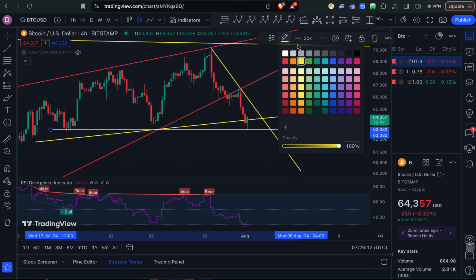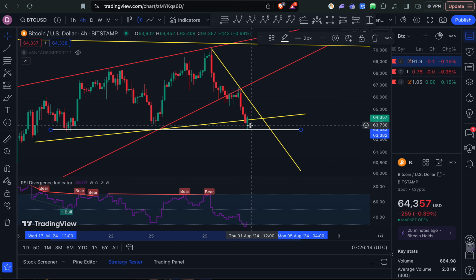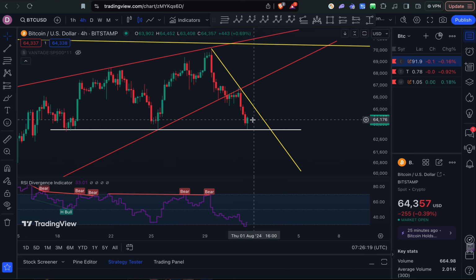So from here, let me paint this white. So now that we had that, we can basically take this one out. That was our target. Next, I'm expecting the price to hit here. And then there will be a decision time for Bitcoin, basically. Do we want to go up or do we want to go further down? Personally, I am expecting further down.